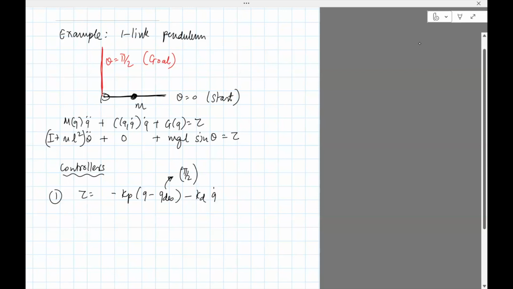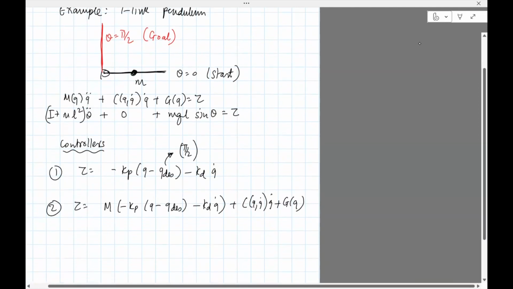You might have done it in a dynamic systems and controls class. The other one is the feedback linearization, which does this. M, minus kp (q minus q desired) minus kd q dot, plus c q dot plus g of q.